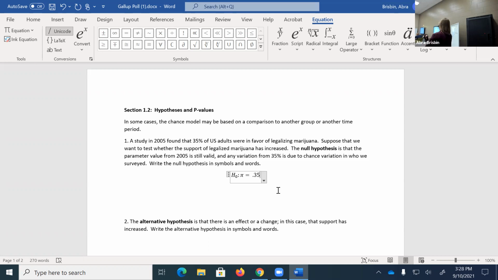If we could survey everybody in the US, the percentage would be 35%, and we just happened to randomly get a sample that was slightly more than 35%.